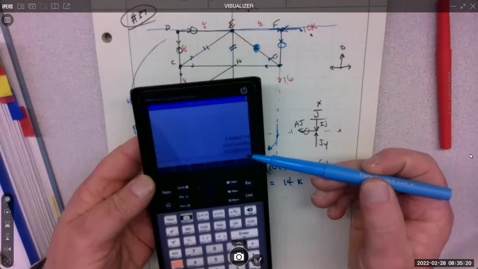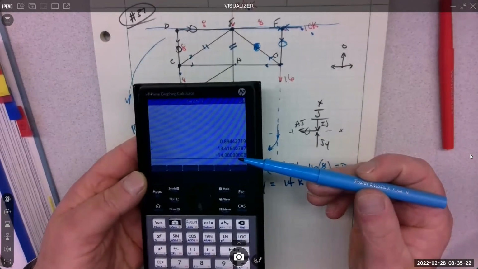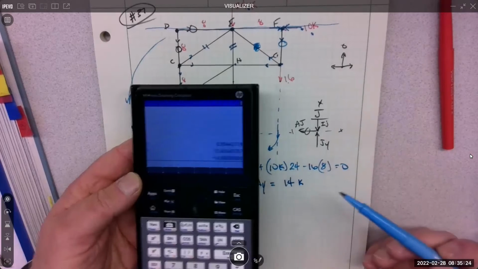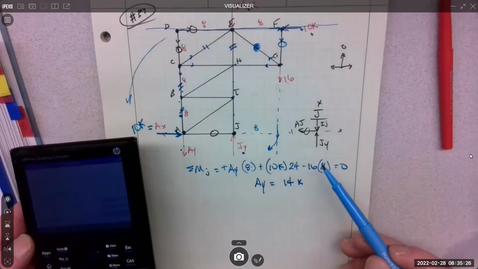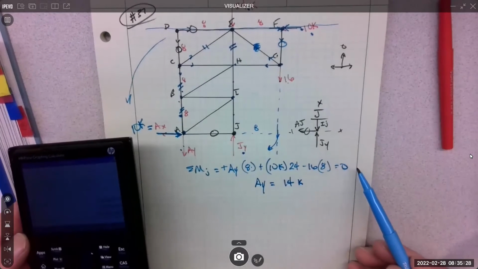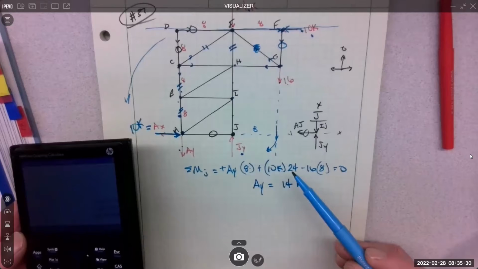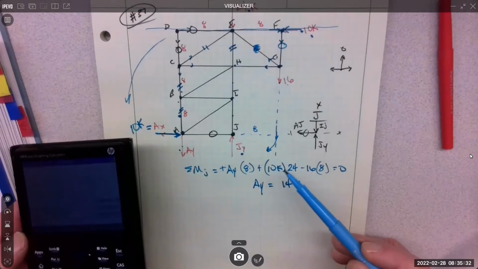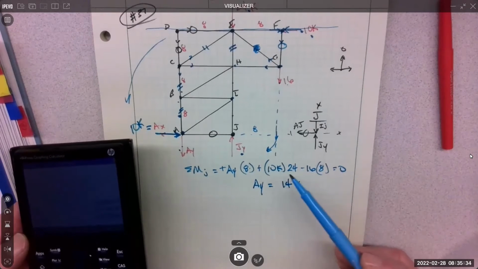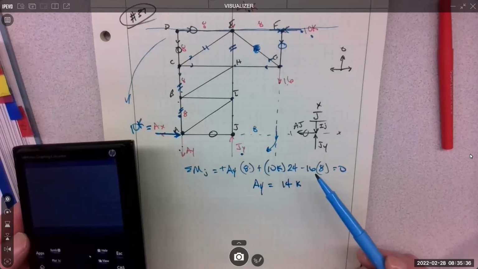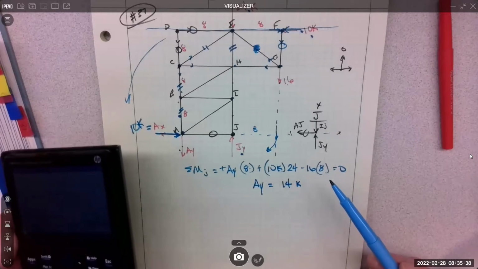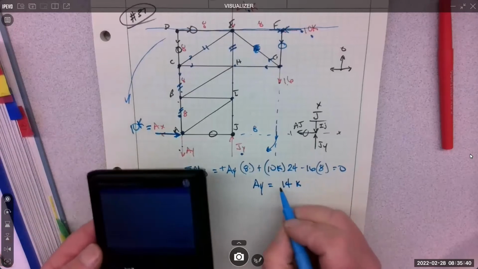I don't know if you can see that there, negative 14, because I took this, moved it to the other side, it becomes positive, right? Took this, move it to the other side, becomes negative. So the 240 is bigger than the 16 times 8 of a negative number. So it ends up to be negative.